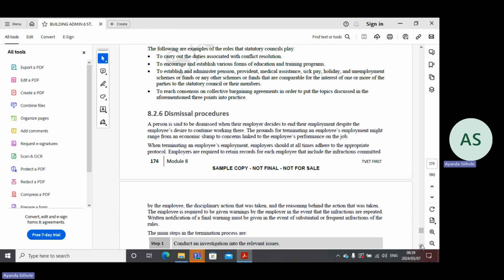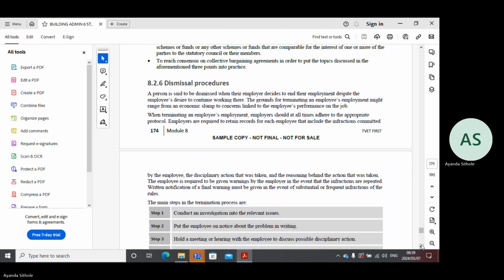Then we have dismissal procedure. A person is said to be dismissed when their employer decides to end their employment despite the employee's desire to continue working there. The grounds for terminating an employee's employment might range from an economic slump to concerns linked to the employee's performance on the job.